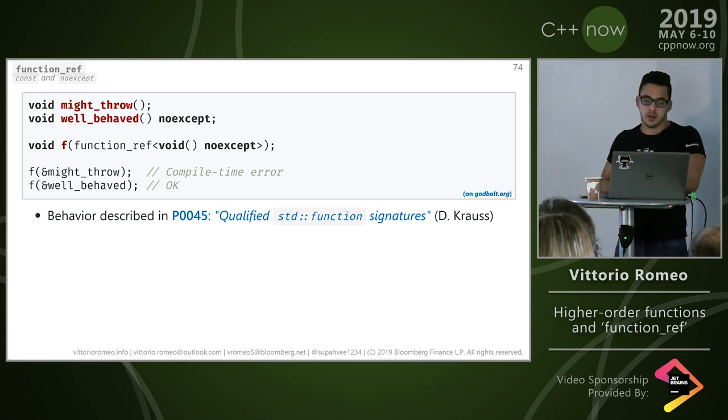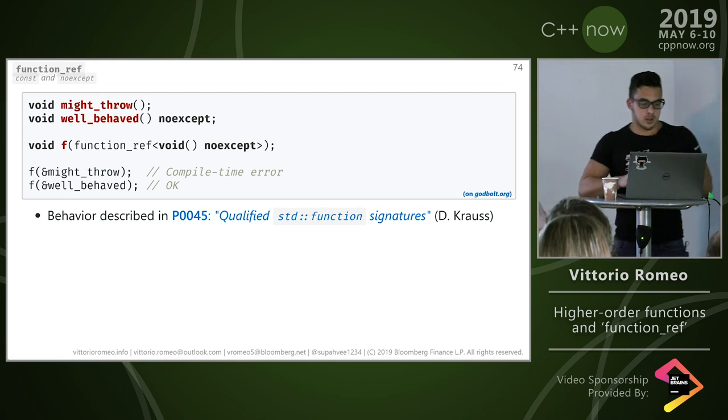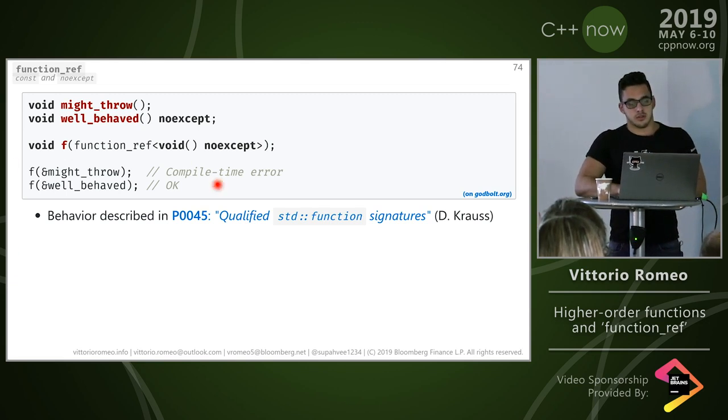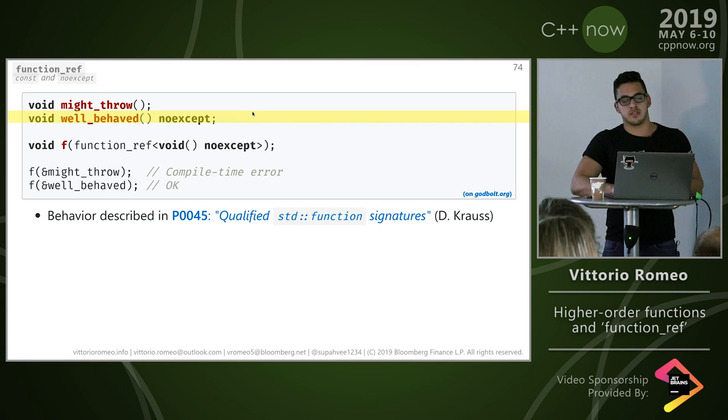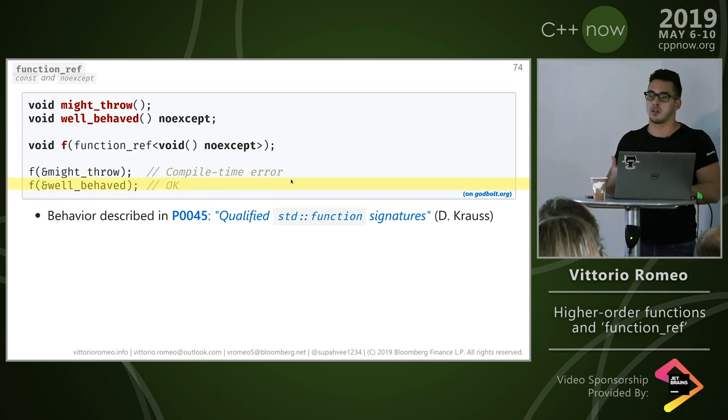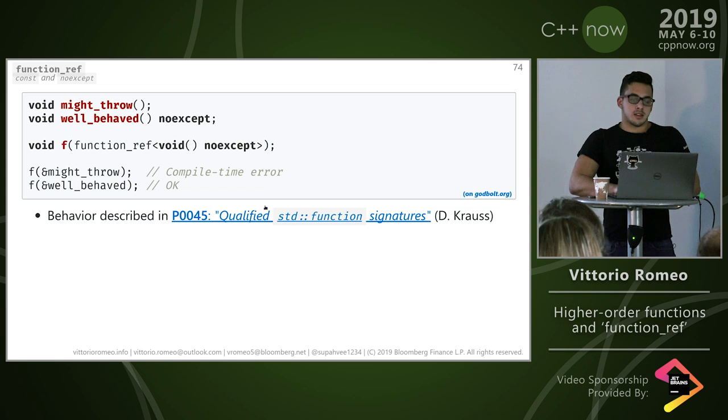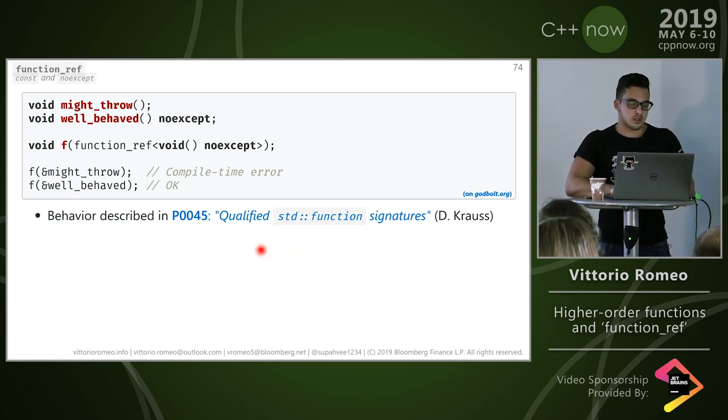And the other thing is the noexcept, which is probably more interesting than the const because you can do that with the parameter as well. If you put the noexcept after the signature type over here, then you say, okay, I only accept noexcept callables. So if you have a function that might throw and one that's well behaved and marked noexcept, the first one will create a compile time error when you try to create a function ref with it. The second one will be accepted as the noexcept matches what the function ref wants. And this is the same behavior that's described in this paper over here by, I think, David Krauss.